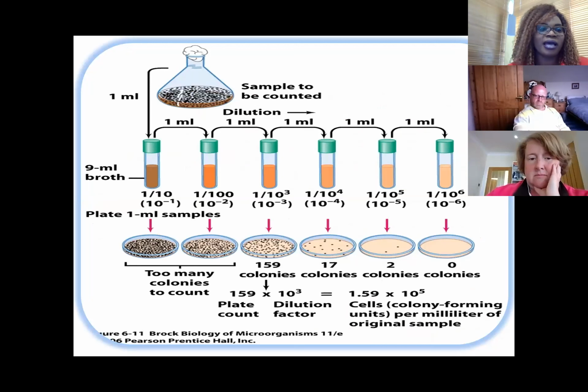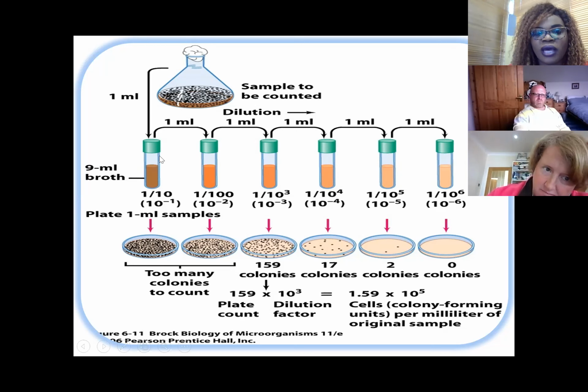Okay, so let's look at another question here. I've tried to make it so, assuming this is our original sample, we took 1 mil from here to add to the first one. So this is the 1 in 10, the next one 1 in 100, the next one 1 in 1,000, and so on up to 1 in 1 million.